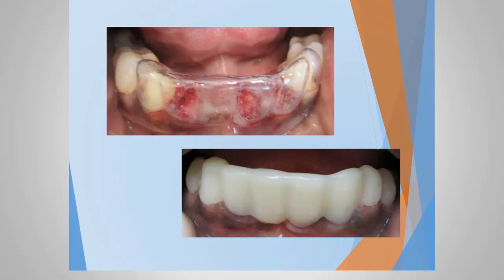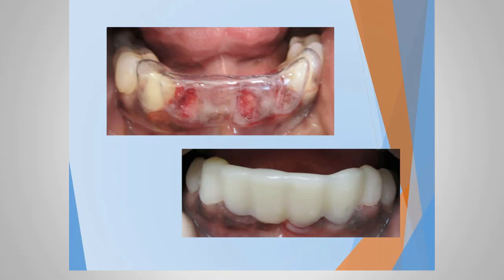So, day of the procedure, the first thing we do, because we know we're going to be doing these extractions, is prep my canines, 22 and 27. Got that out of the way. Next, we did the extractions of the three lower teeth.